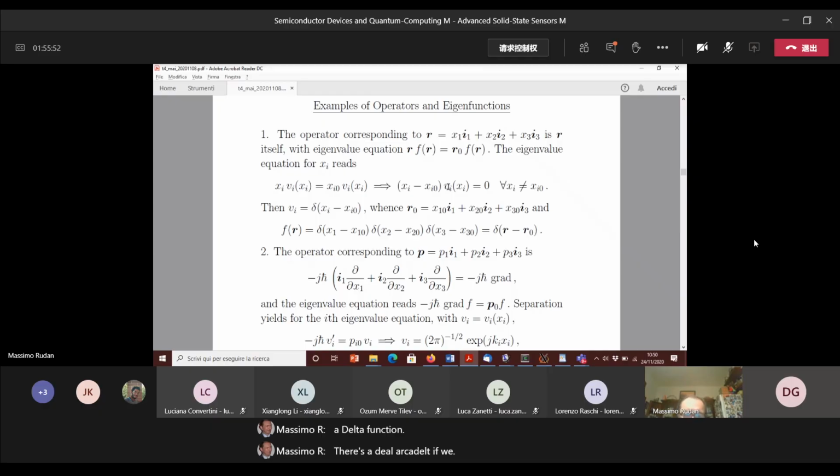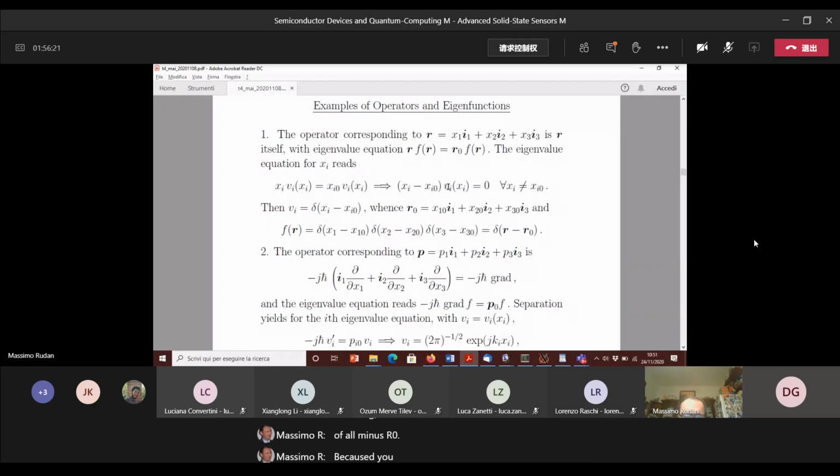If we repeat this for the 3 components, we find that the global eigenfunction that we call f must be the product of the three deltas associated to the three components of the coordinates. So we write it in a short notation as a Dirac delta of R minus R0.